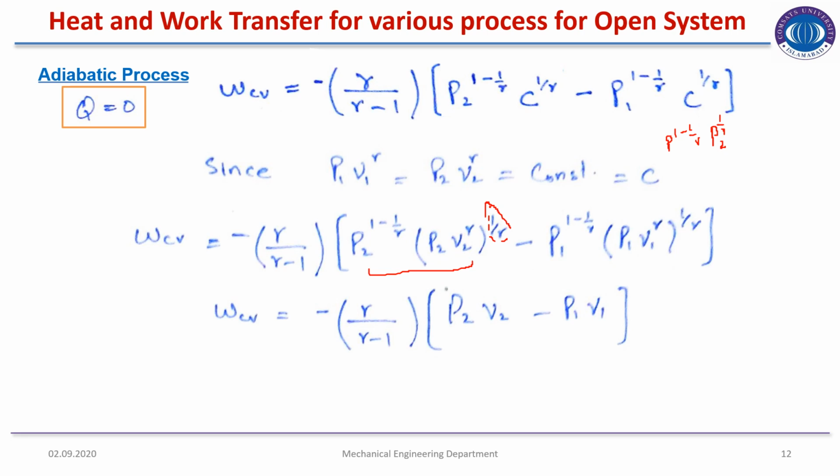And V power gamma multiplied by 1 over gamma. So when we add, P is the base and is common, so 1 minus 1 over gamma plus 1 over gamma, and V terms will multiply and cancel out. So P power 1, P1 V1, and P2 V2. That term will be reduced.